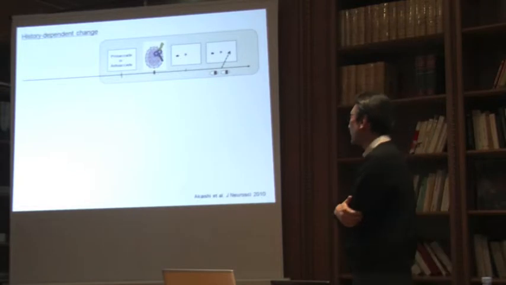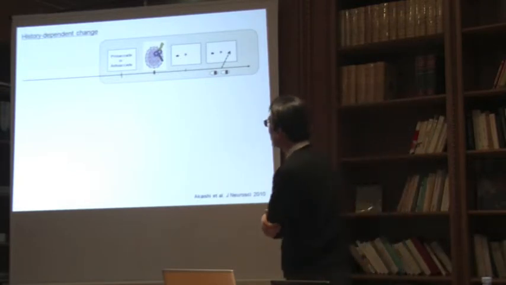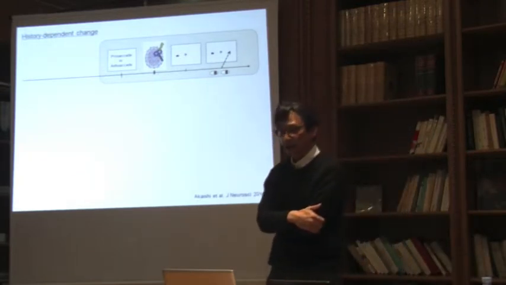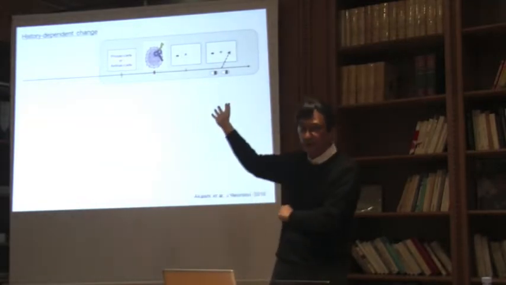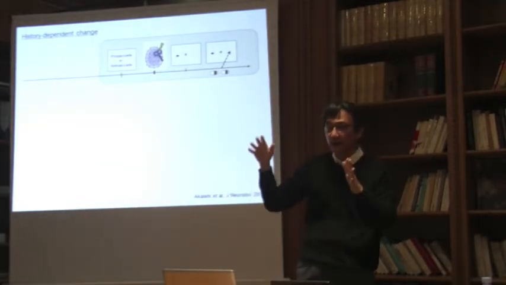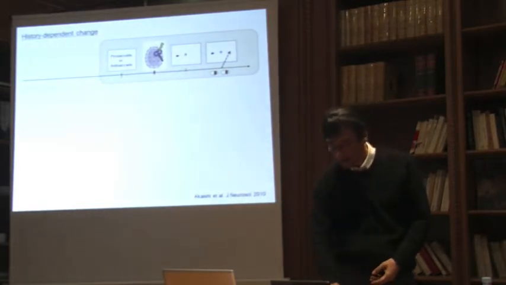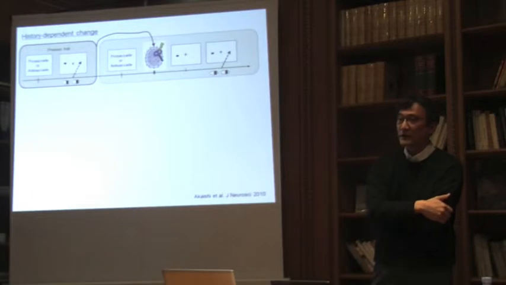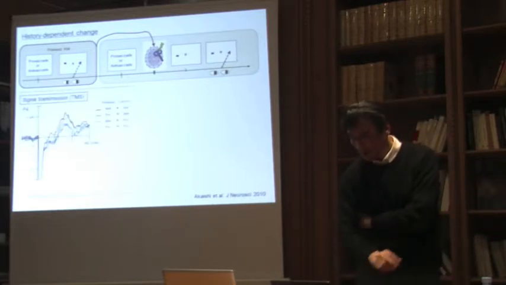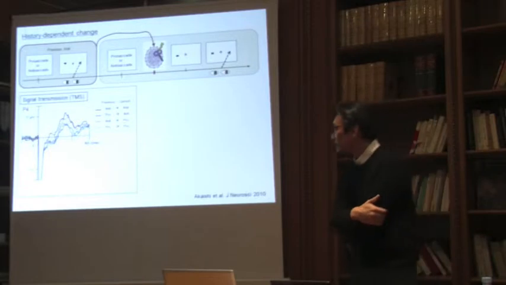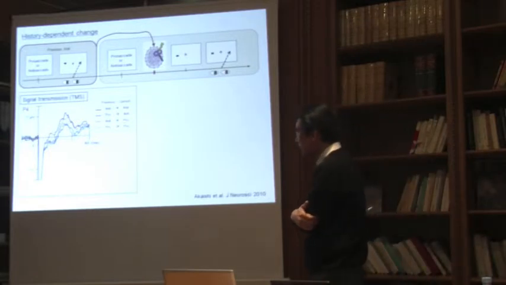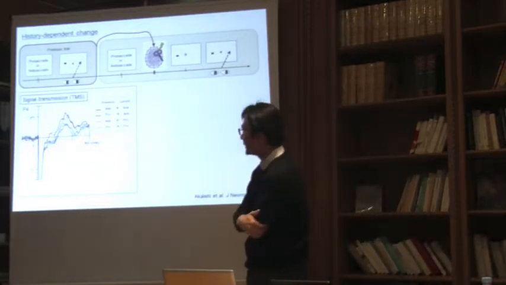We thought that this TMS evoked potential changes depending on the task instruction cue, reflecting the preparation of the upcoming task. But the pattern changed depending on the previous task, the task that the subject had performed on the previous trial. This is the TMS evoked potentials recorded from the parietal electrode.